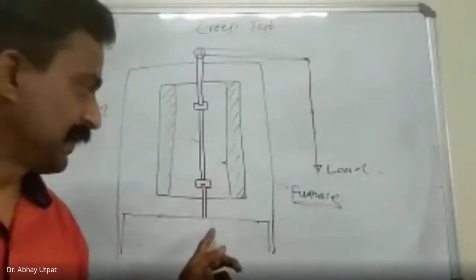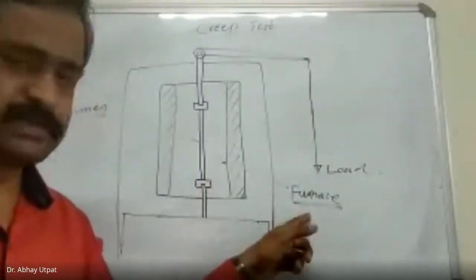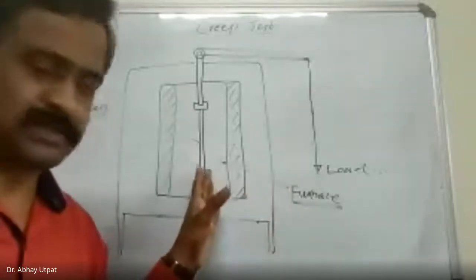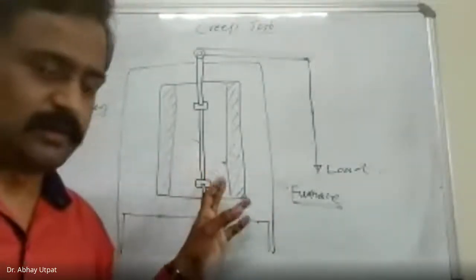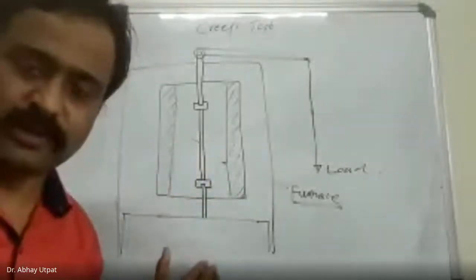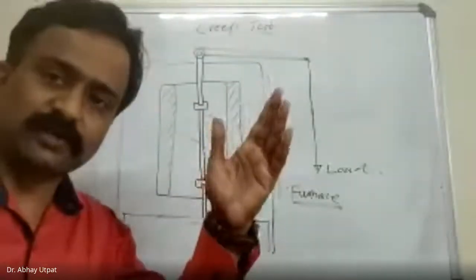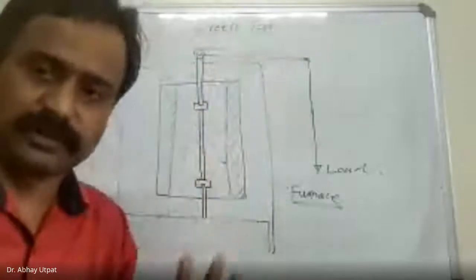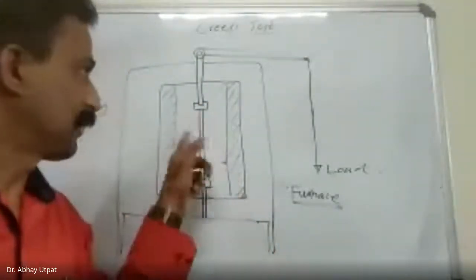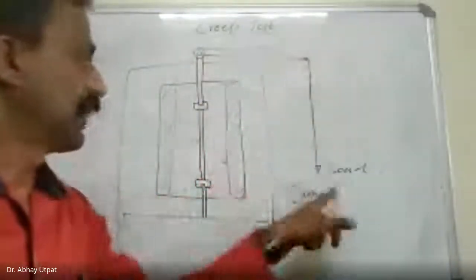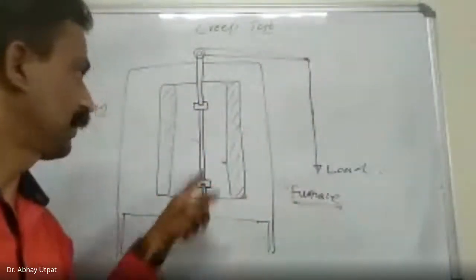So I have drawn the schematic diagram. This is a furnace, for maintaining the temperature, whatever temperature you have to maintain. This is a test model. In actual conditions, your part may be working at that temperature. To maintain that temperature, this furnace is kept around the specimen, and this loading arrangement is given. This is fixed at the bottom.